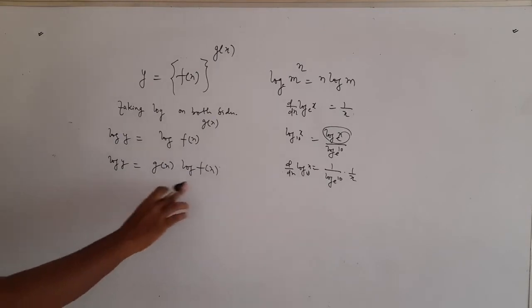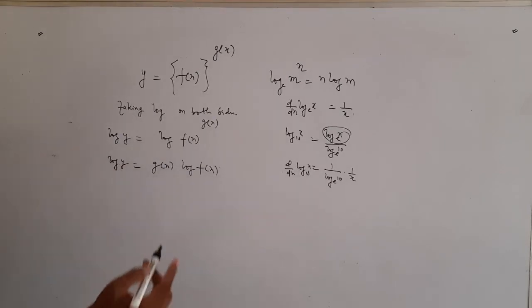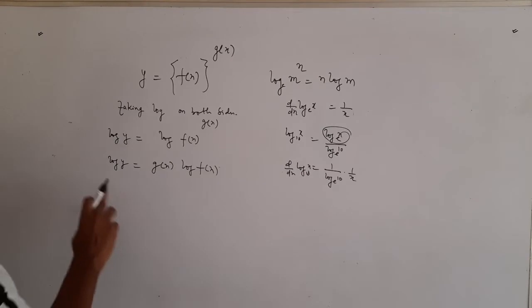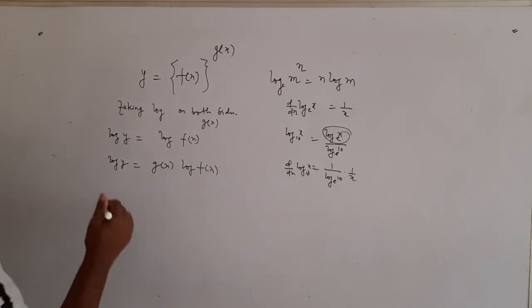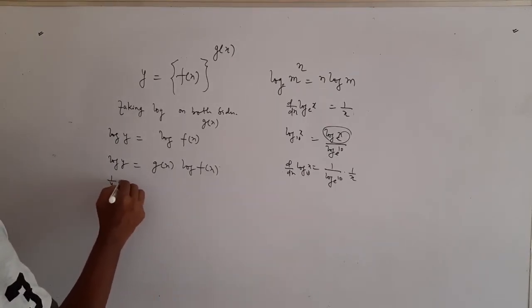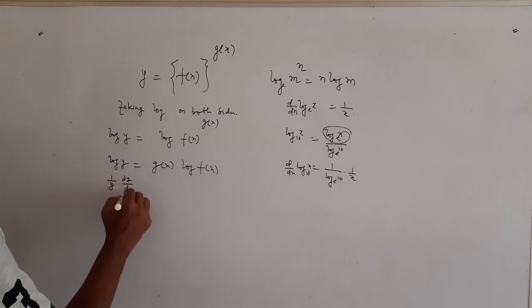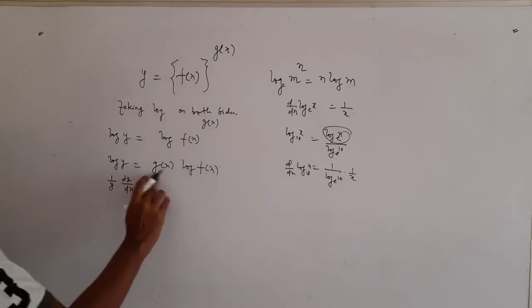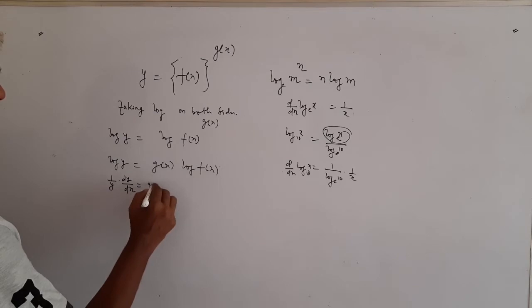Now if you find the differentiation of this, what is the differentiation of log x? That is 1 over x, and the differentiation of log y will be 1 over y into dy by dx. Now you can keep g(x) constant.